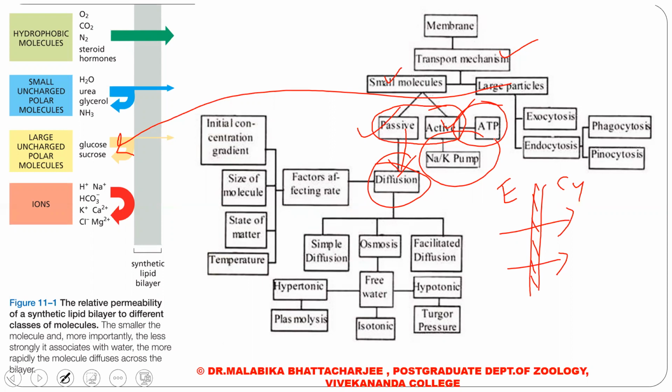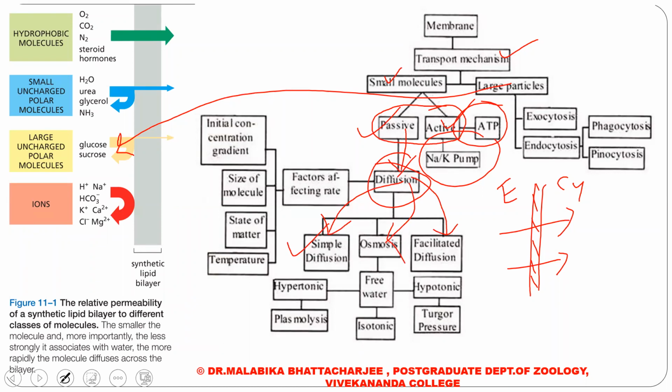Now coming to diffusion. As you can see, again, we have three categories: simple diffusion, facilitated diffusion, and a third category, that is osmosis. When we are talking about simple diffusion, what happens? The molecules are diffusing across the bilayer. No help is required.